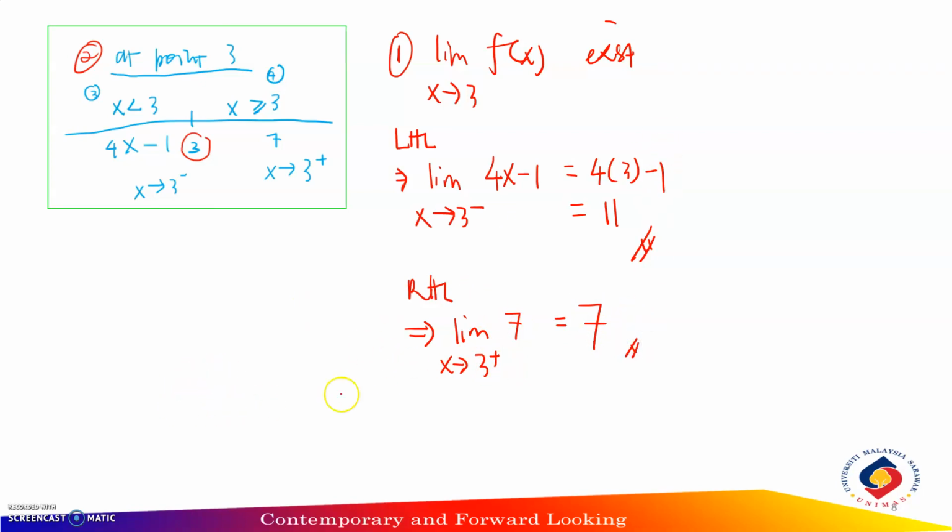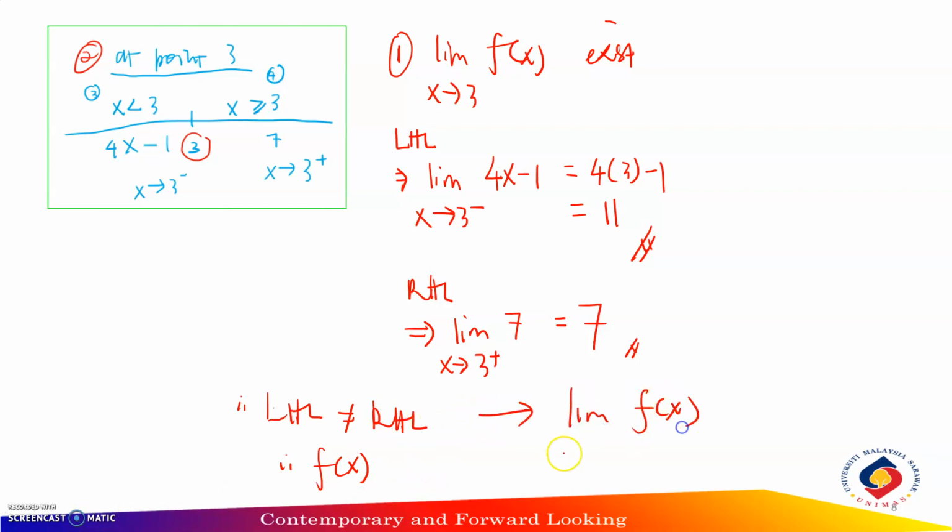Since condition number 1 is not met, we can conclude that the left hand limit is not equal to the right hand limit. Therefore the limit of f(x) as x approaches 3 does not exist, where condition number 1 is not met.